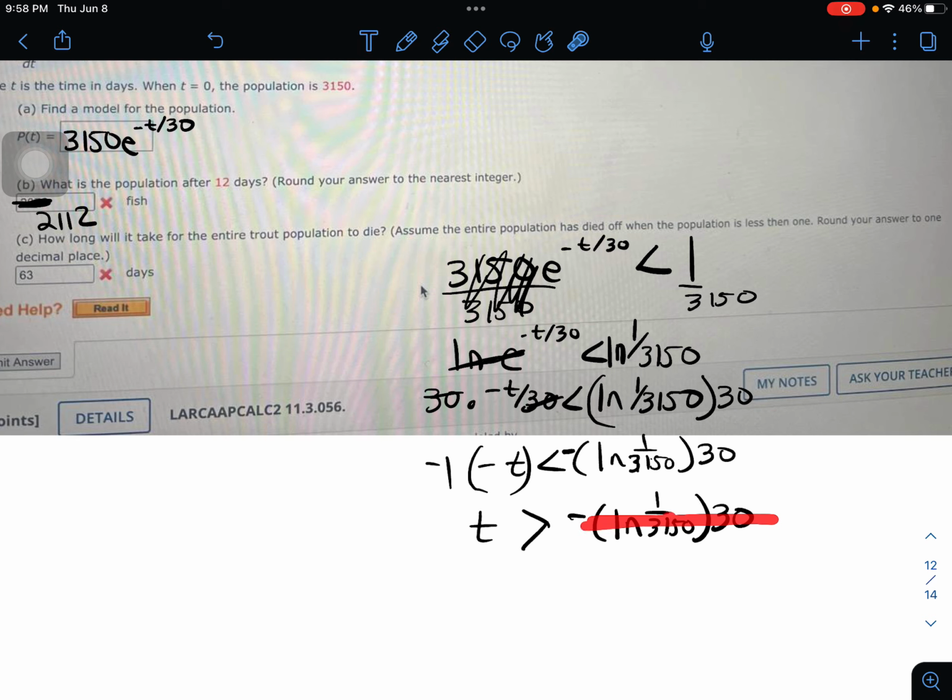And this right here, I am going to plug it into my calculator, and I'm going to see what I get. So hold on one second. This ln, you should see that on your calculator. Should be a natural log button. You just have to be careful when you plug it in there, because you need to put parentheses around the 1 divided by 3,150.